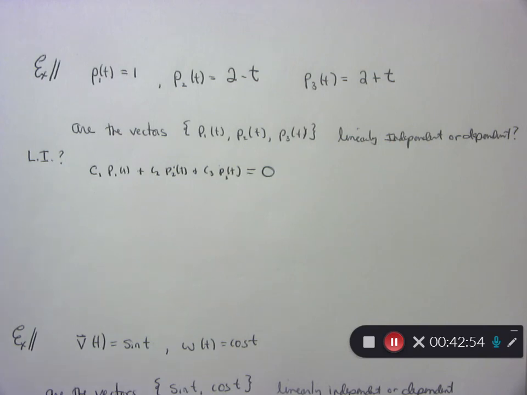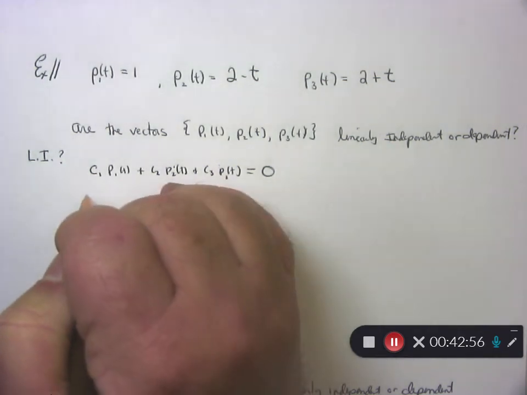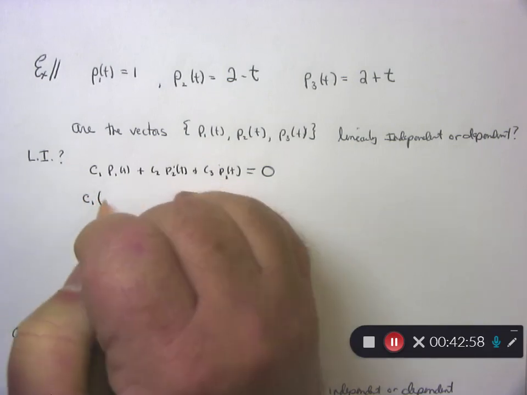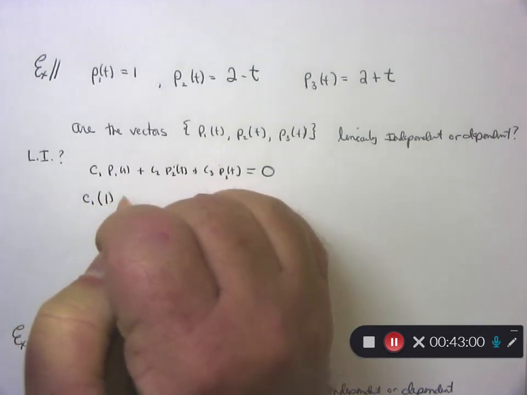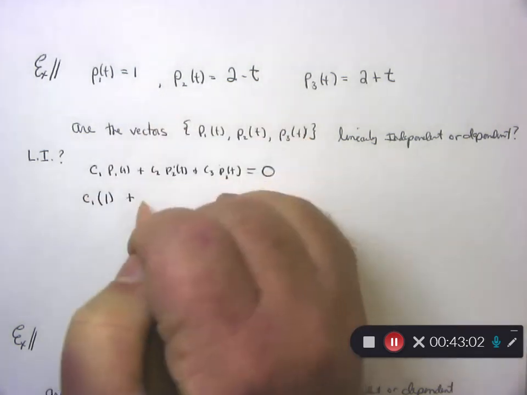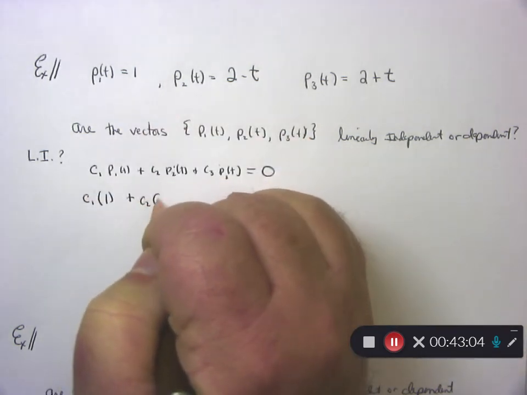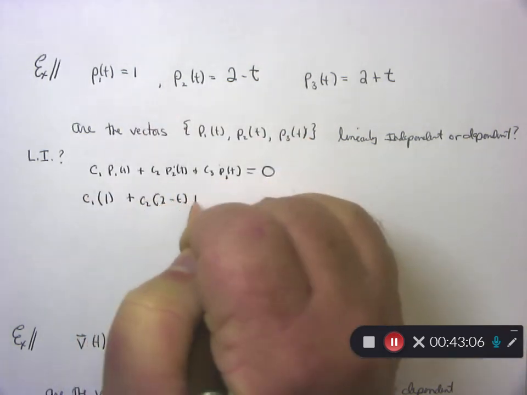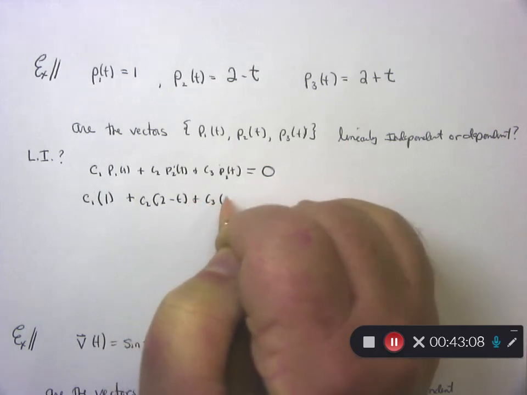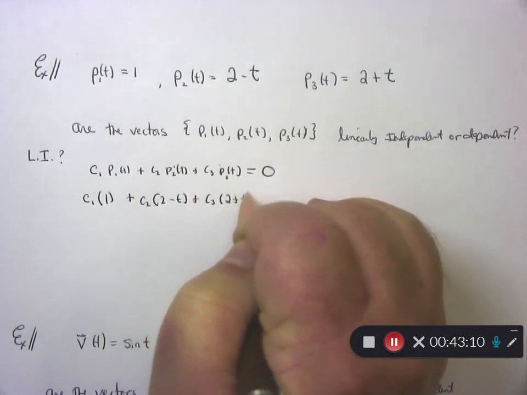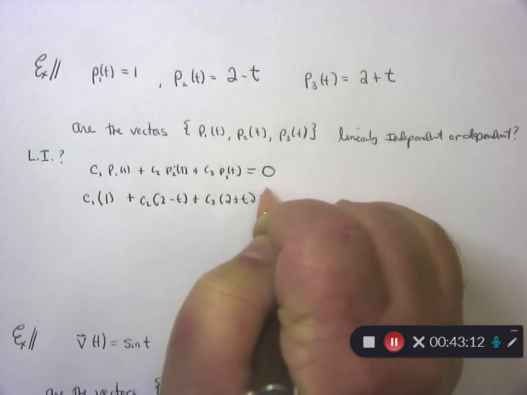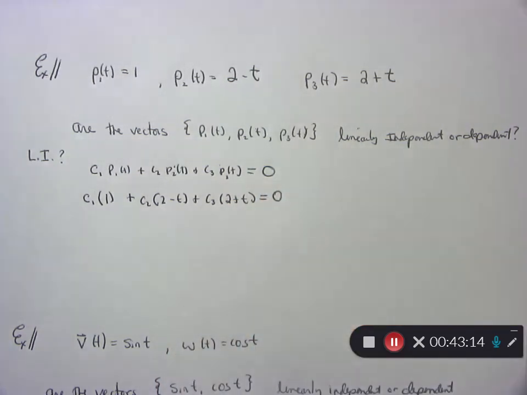However, if I put this stuff in here, the C1 times the vector of 1, equation 1, plus C2 times 2 minus T, plus C3 times 2 plus T, if I try to set it equal to 0, is there any other solutions except the C's are all going to be equal to 0?